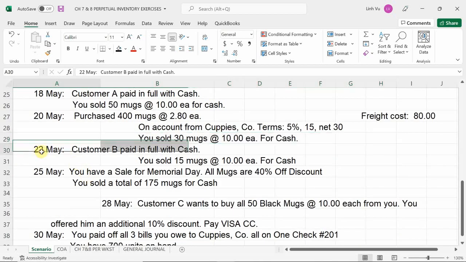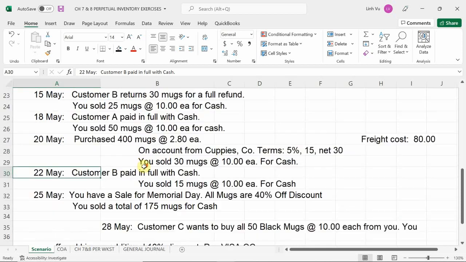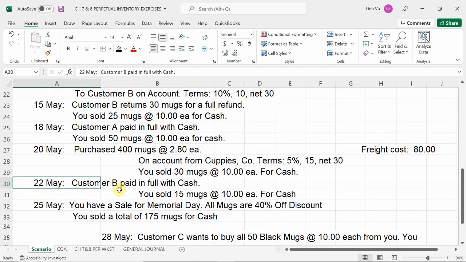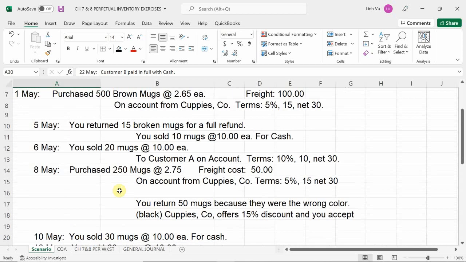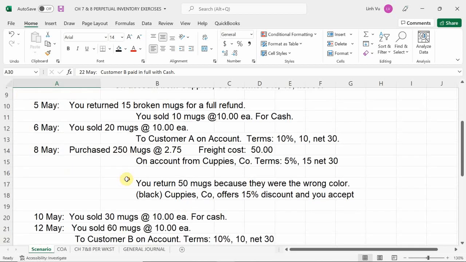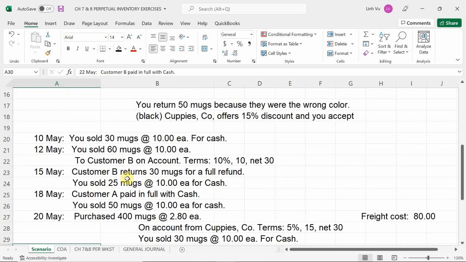Then May 22nd rolls around and a customer decides to pay in full with cash. Let's take a look at when I sold to customer B. I sold to customer B on the 12th of May, 60 mugs at $10 each.